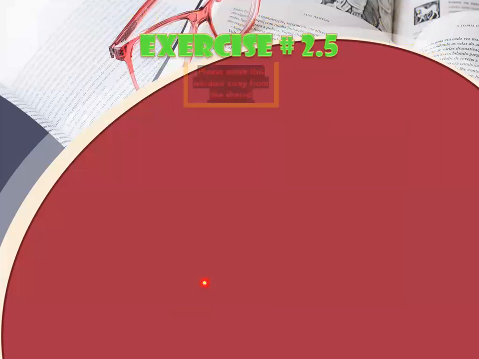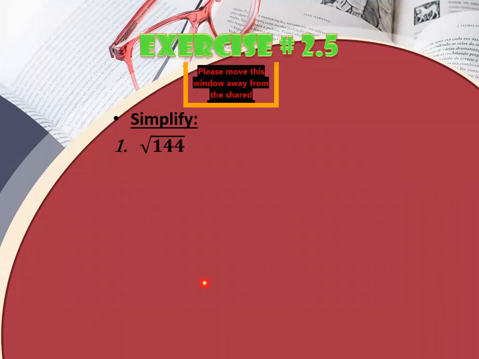Now let's start exercise number 2.5. Now, what is exercise number 2.5? In exercise number 2.5, again, what you have to do, you have to simplify it. So how you are going to simplify it? Okay, square root of 144. If you remember, I have already explained in the class that if you are going to find the square root of anything, you have two things.